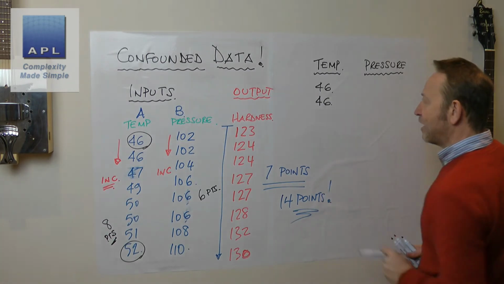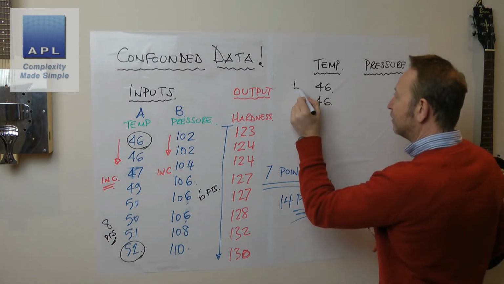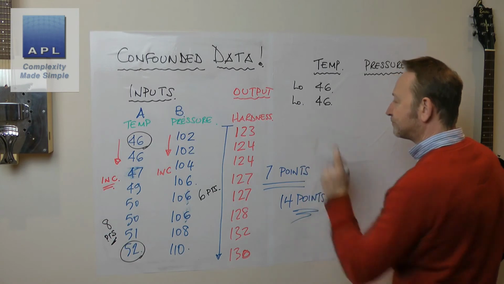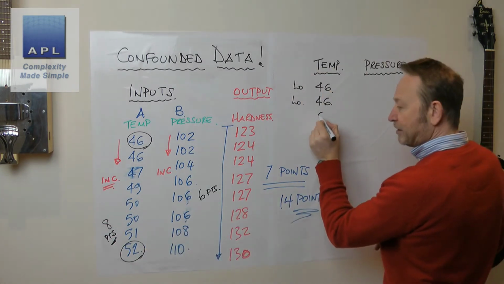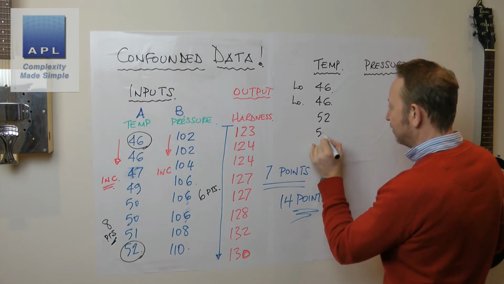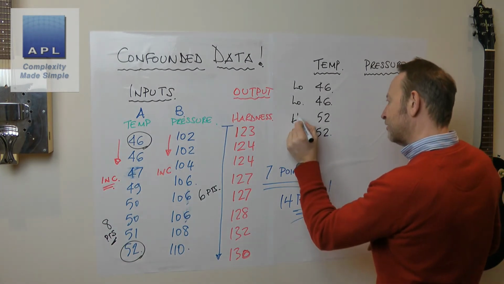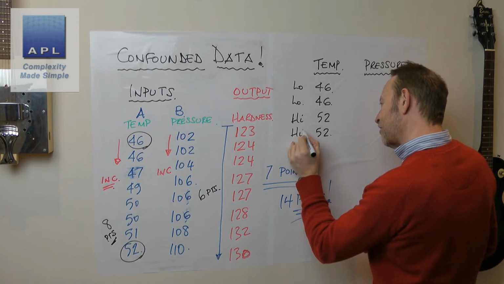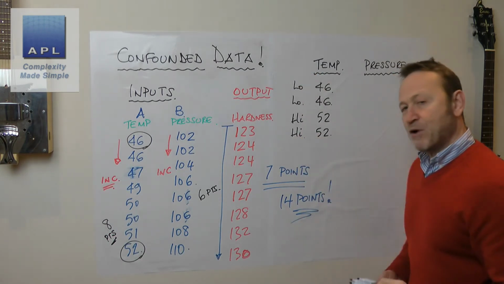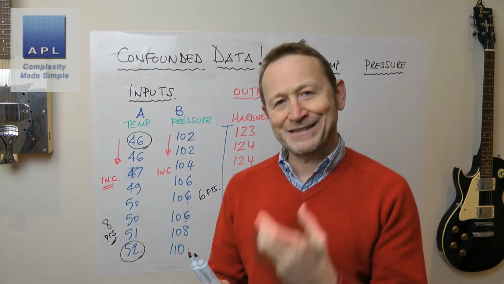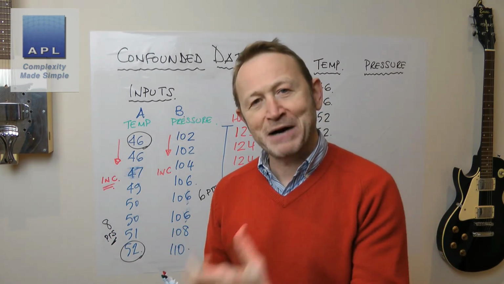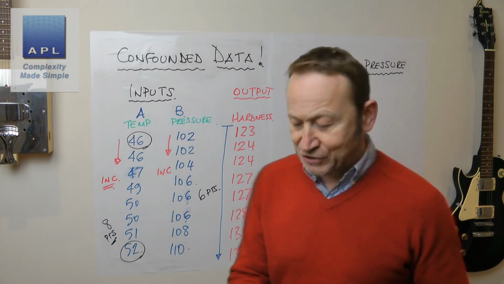We would test at the low value for temperature. We would go down and we would test the high value, what's that, 52 there, for the temperature. So we'll do a couple of tests at the high. There's the first part of the test. But whilst I'm doing that, I'm going to be testing pressure in a balanced way against it.